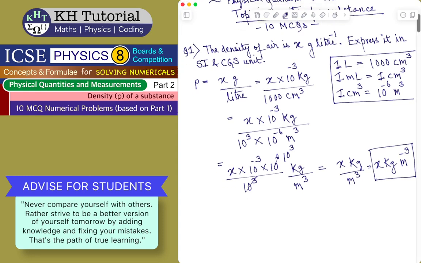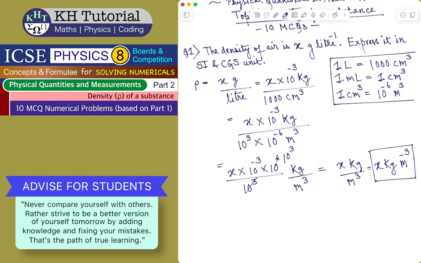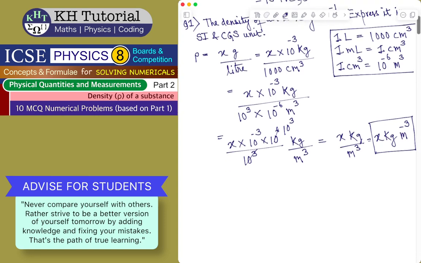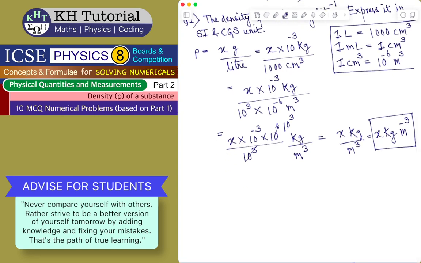Okay, let's convert the given density of air into CGS. Let's directly convert. We got rho is equal to x kilogram per meter cube.